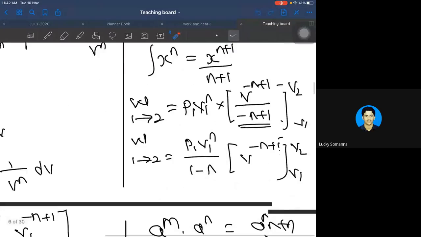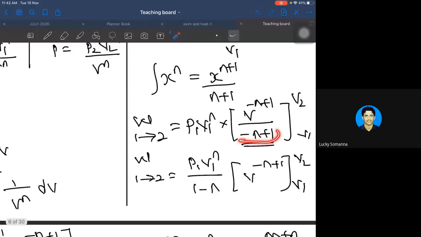Okay. Now, minus n plus 1, I'll be writing it as 1 minus n. I have to apply the limits for V, which is minus n plus 1. Minus n plus 1 can be written as 1 minus n.